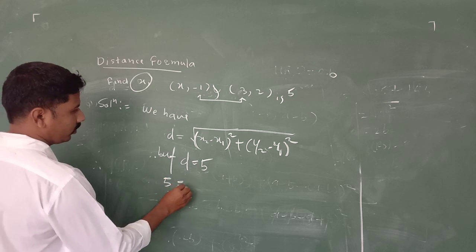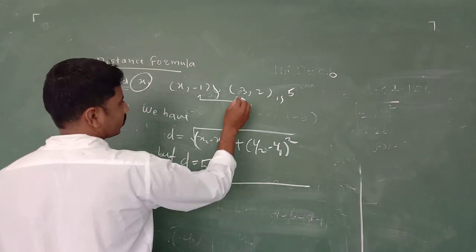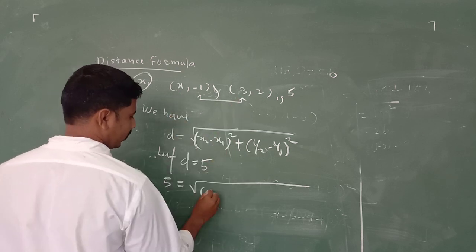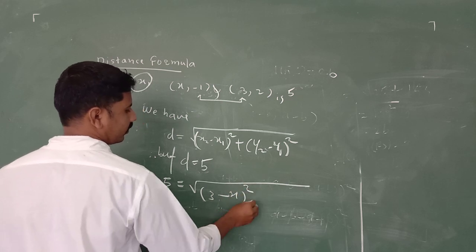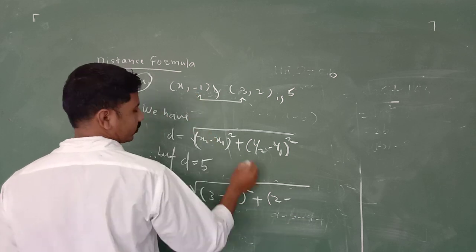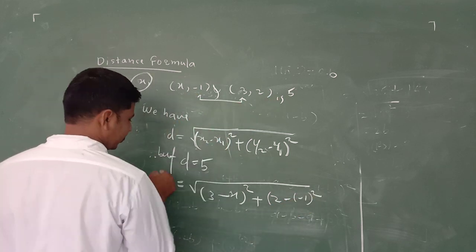So 5 is equal to under root, x2 is 3 and x1 is x: (3 minus x) bracket square plus (2 minus minus 1) bracket square. Distance is given already.